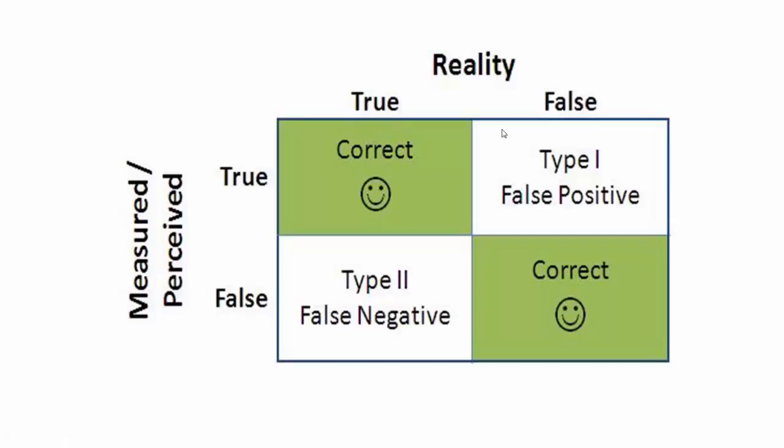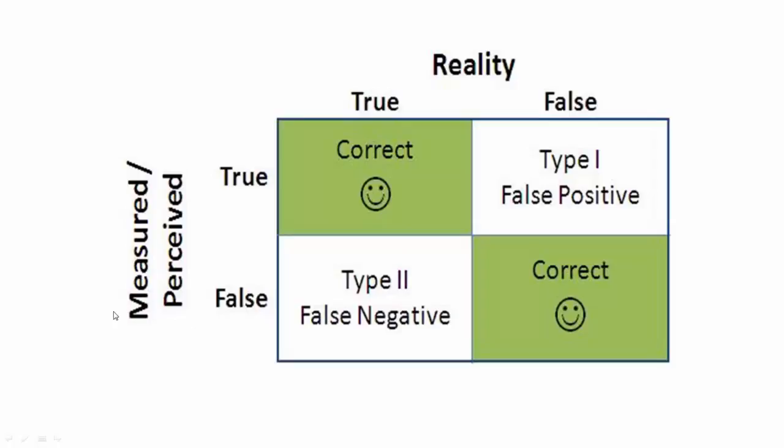However, the problems come in when your test says something is true, but in reality, it's actually false. That's a type 1 error. You say something is true, you're pregnant, when in fact you're not. The other type of error is when your test says something is false or doesn't exist, when in fact, in reality, it does. And that's a type 2 or a false negative.